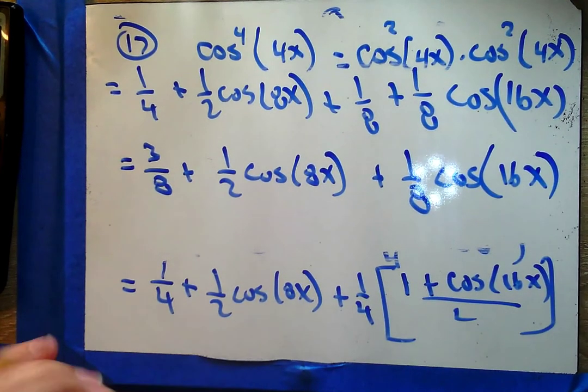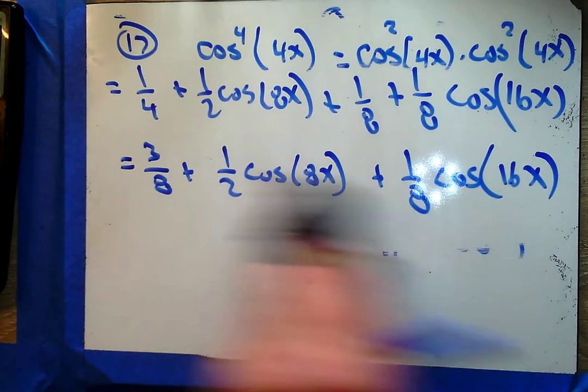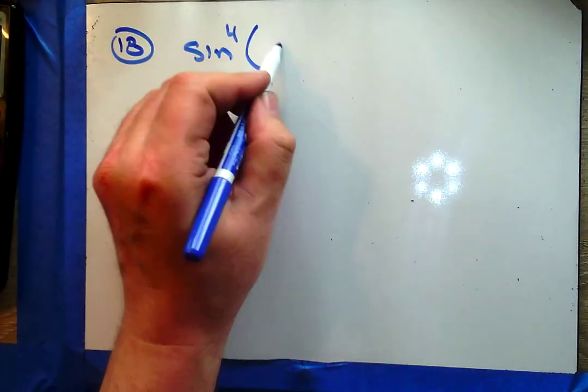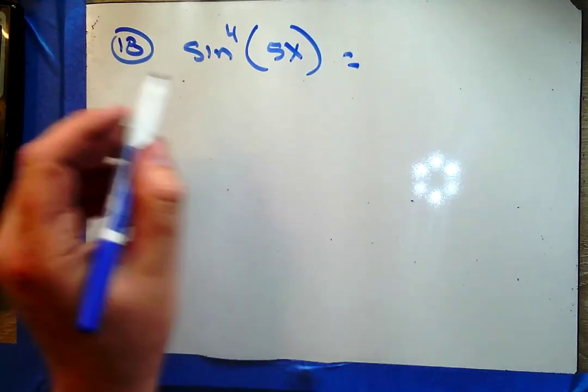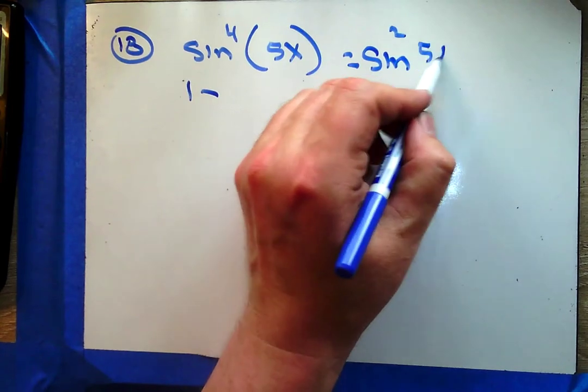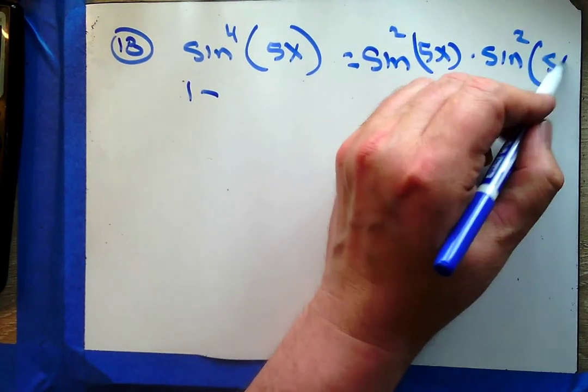Okay? All right. Do we have any more power reducing? We have one more. Number 18 is a sine to the fourth 5x. Sine to the fourth 5x. Okay, so that's sine squared 5x times sine squared 5x.